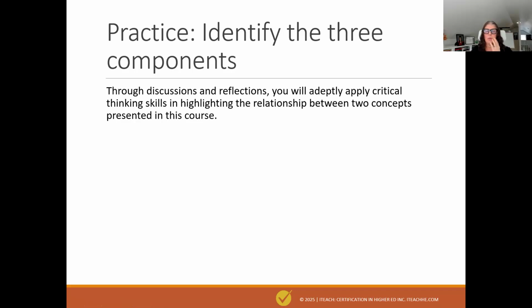I'll give people a second if they want to put anything in. So Lori said discussions and reflections. Exactly. So that's our condition, right? So through discussions and reflections, that's when it's going to happen, when students are going to be doing this. And what are they going to be doing? Applying critical thinking skills. Exactly. They're going to be applying critical thinking skills.